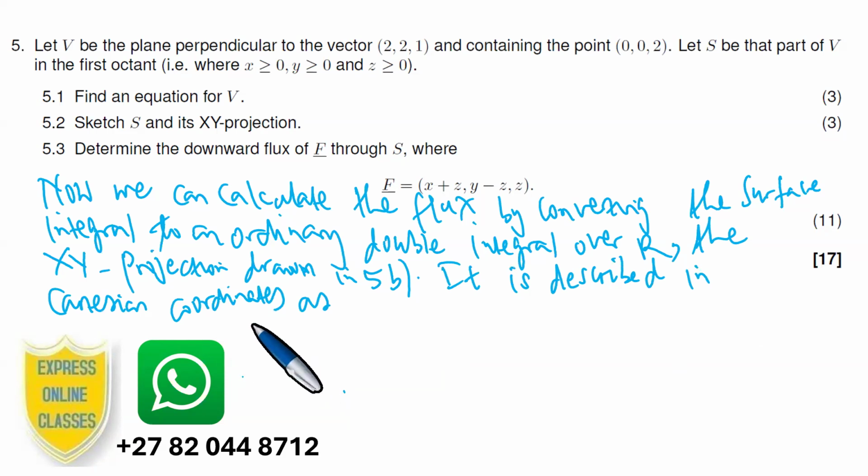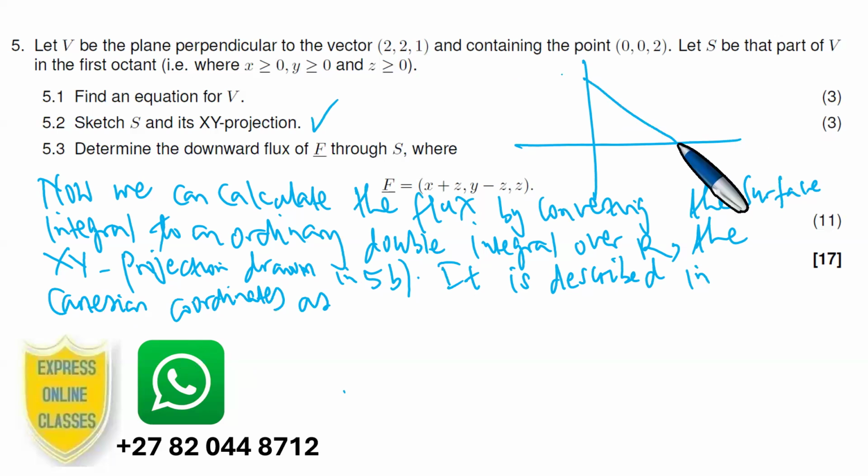So now we can calculate the flux by converting the surface integral to an ordinary double integral over R, the XY projection drawn in 5b. Right, so we looked at the XY projection, which was this. Obviously, the X has both 1, 1. We saw that before.